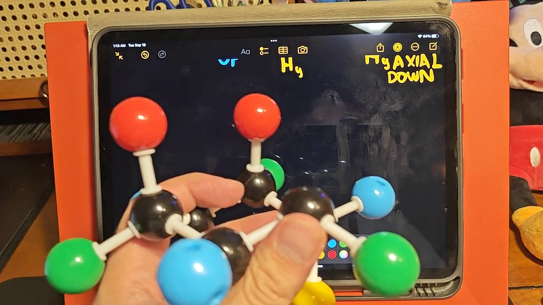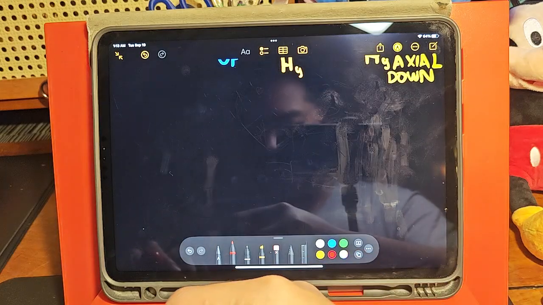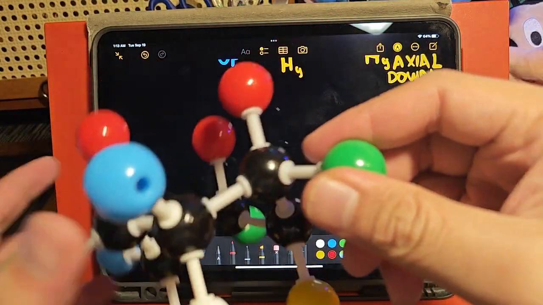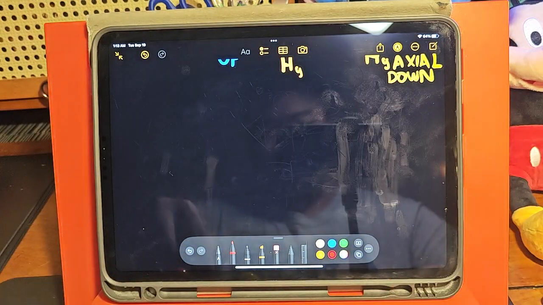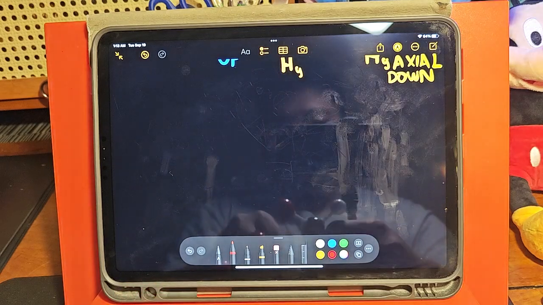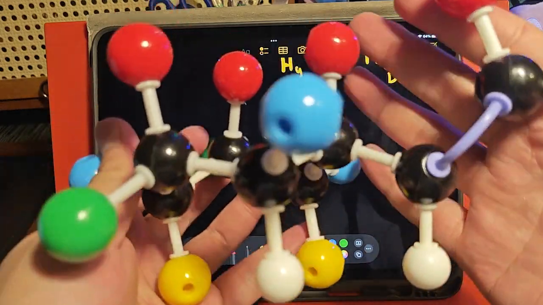Okay, so let's put it back. Let's repair our molecule again. Now, let's try to replace one of the equatorial positions. So I'll take the equatorial green hydrogen and replace it with that weird chain, with that side chain, that large bulky alkene group.